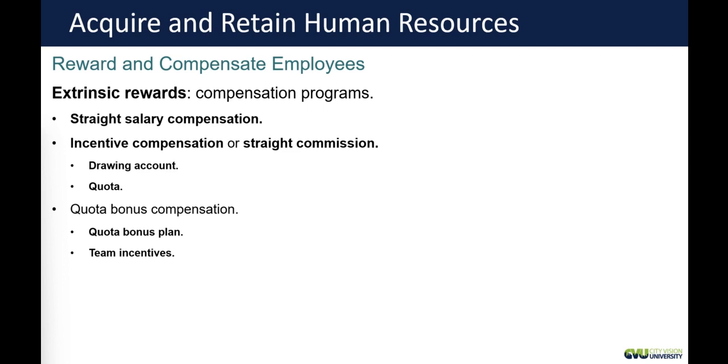Can they draw early? Do they have quotas to meet? Explaining this to the employee and knowing what this is is really key, because if an employee doesn't understand how they're getting compensated, they're not going to be happy. So knowing how this works and being able to explain it is really important.